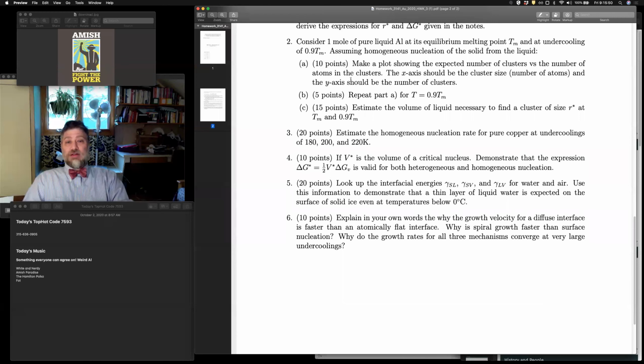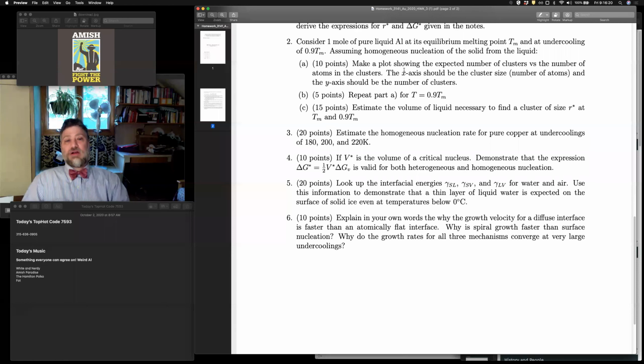From the theory, we know the steps, right? So we have to calculate the bulk Gibbs free energy, and then calculate the Gibbs free energy as a function of the radius.